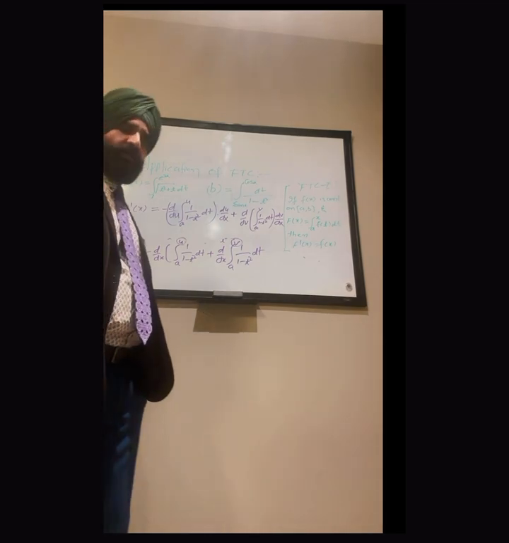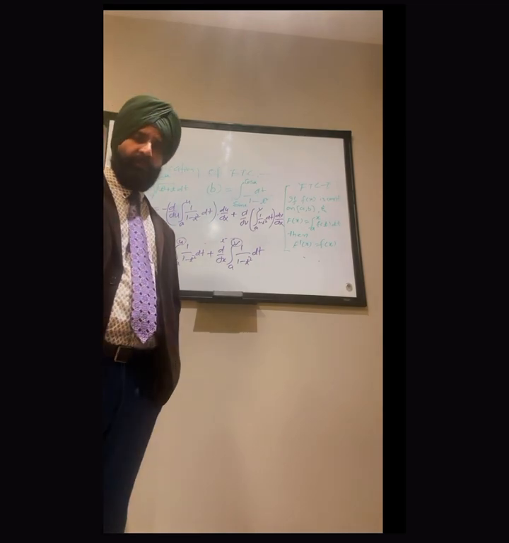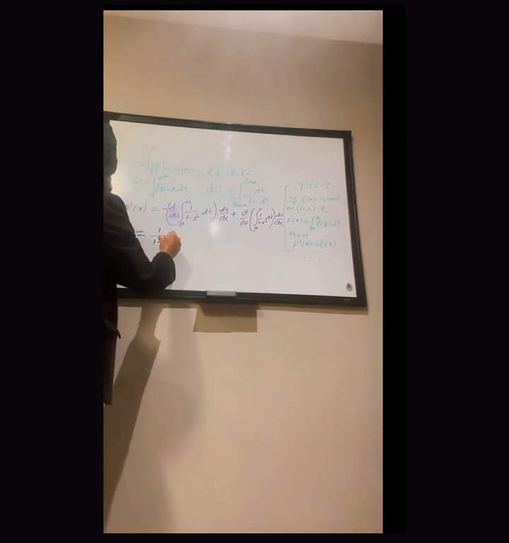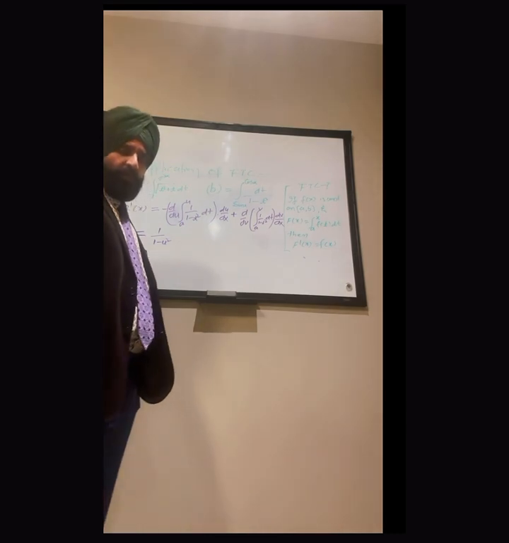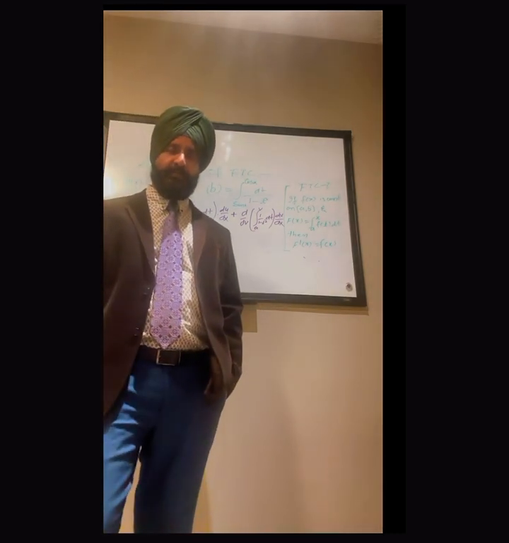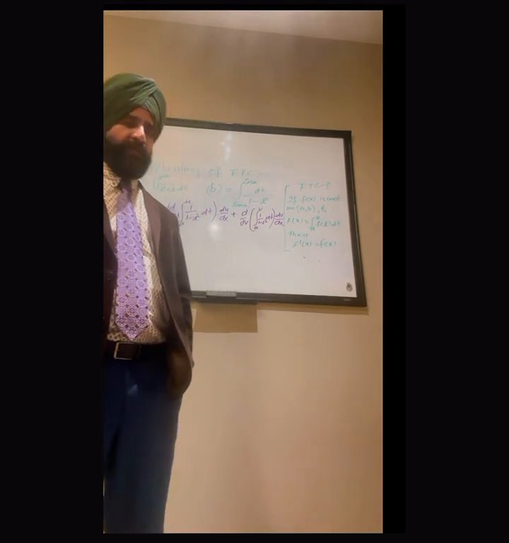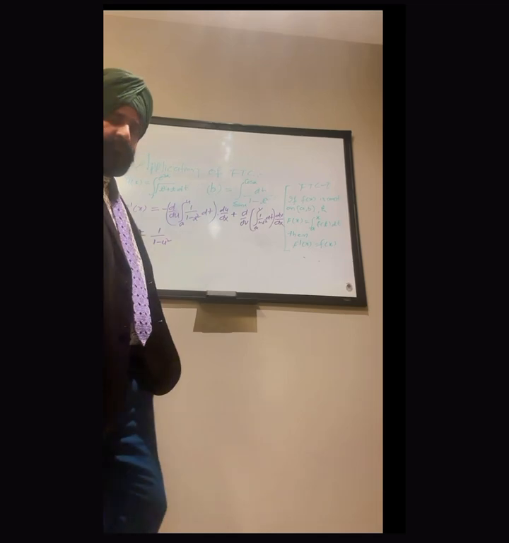We are applying the chain rule here because it's the function 1 upon 1 minus u squared. And what is the derivative of u with respect to x? u is sin x, and its derivative is cos x.